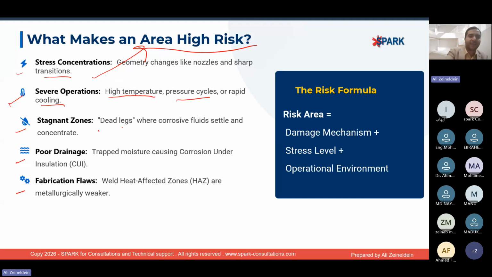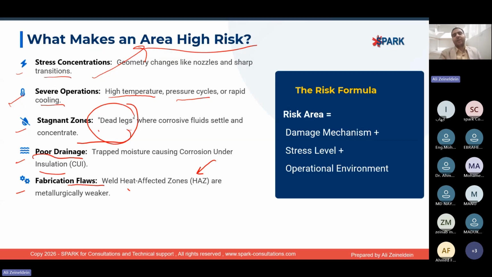Stagnation zone, for example, dead leg in some piping portions, or some nozzles, and poor drainage, which traps water and moisture, causing corrosion under insulation. Also, fabrication flaws means some weld defects, especially in the heat affected zone, which is metallurgically weaker.